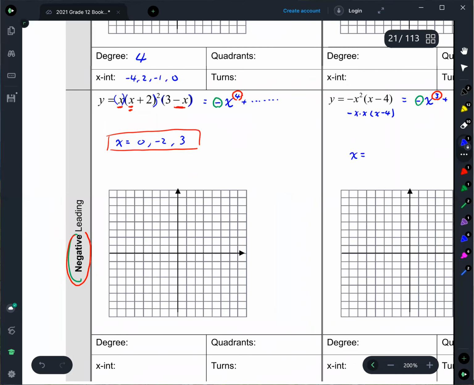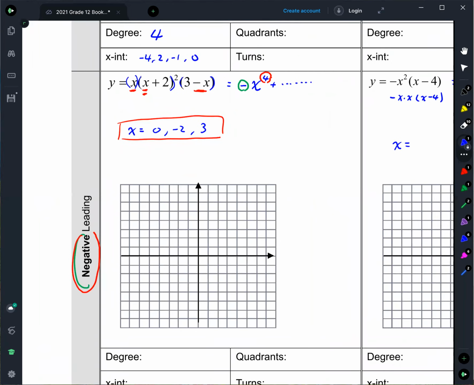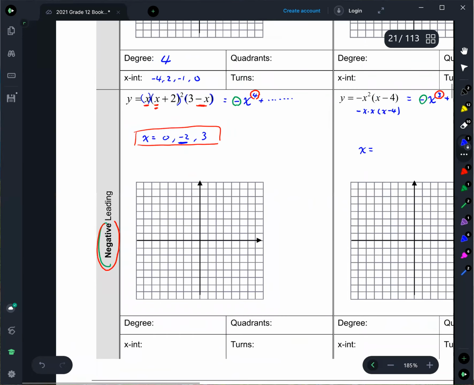Did you get it from x plus 2 and 3 minus x? X plus 2 gives you the negative 2, right? And the 3 minus x gives you the 3. What about the 0? Where do we get the 0 from? The x on the outside. Yeah, that's right.